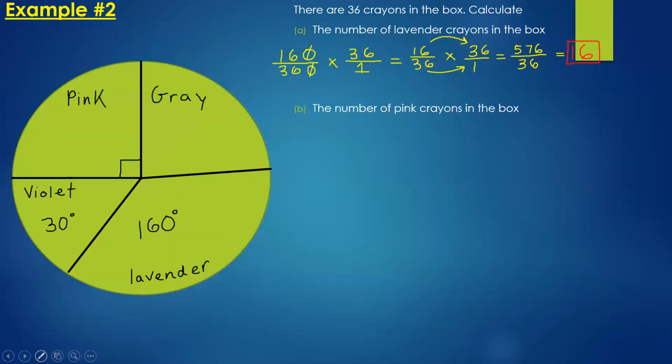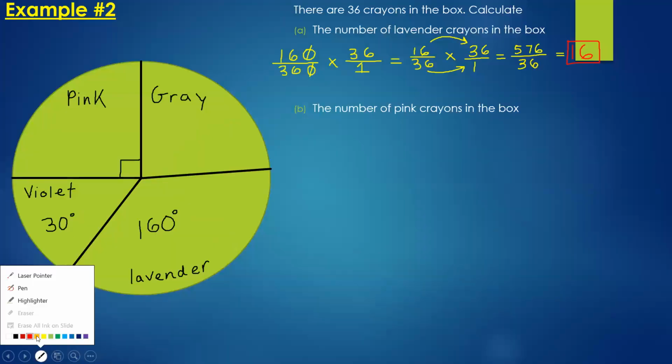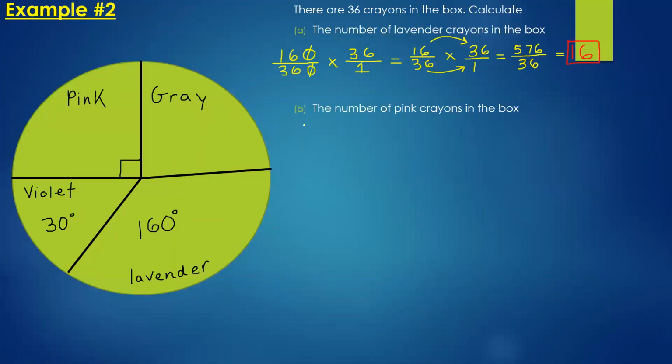It's going to be 90 over 360 degrees multiplied by 36 over 1. Very good.